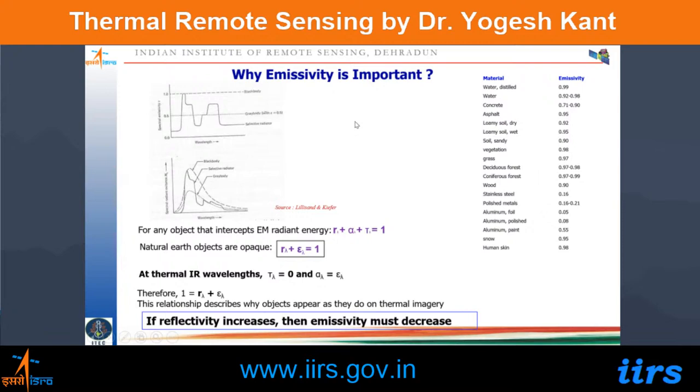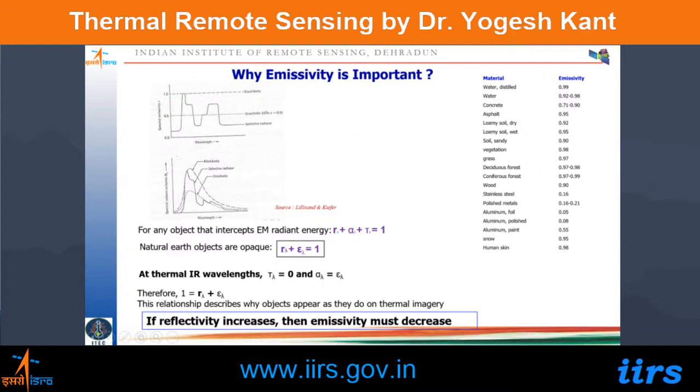But from a sensor, it is very difficult to have a concept of the kinetic temperature. So it measures from the emissions. So that becomes a radiant temperature. The radiant temperature is calculated from Planck's equation; we invert Planck's equation to get the temperature.